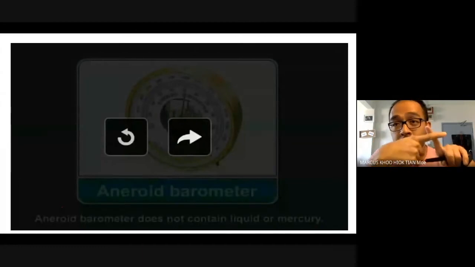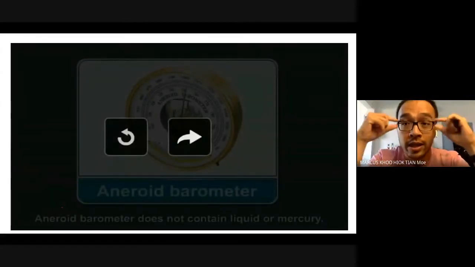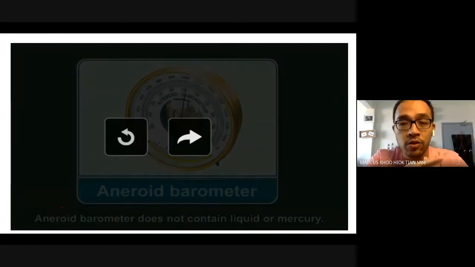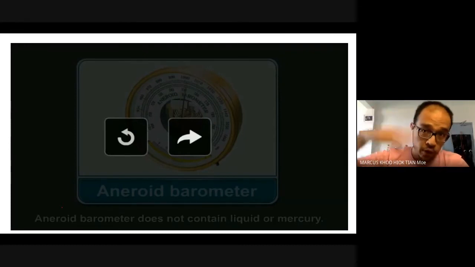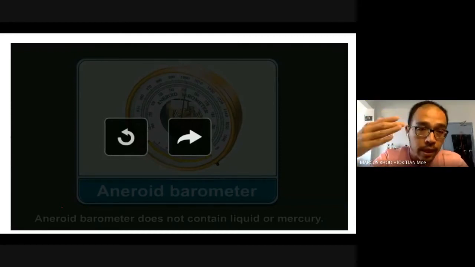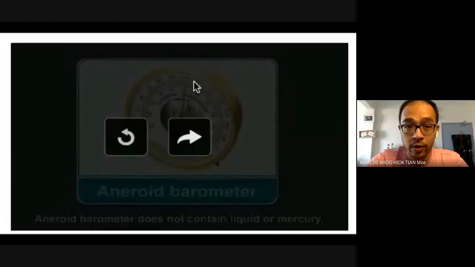One uses liquid, and the liquid that we use is mercury. Why mercury is something you can discover later. The second type is called an aneroid barometer, which we use in planes. If you go hiking, the houses on top of the hills usually have a non-liquid barometer to tell you the altitude you're at and the atmospheric pressure around there.